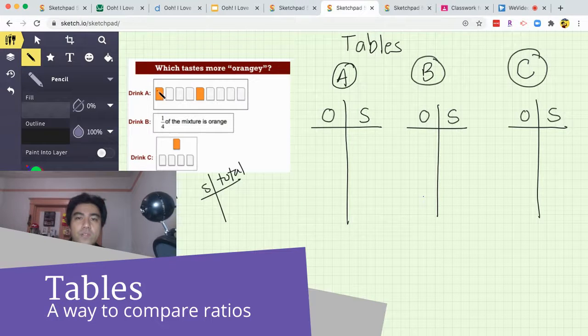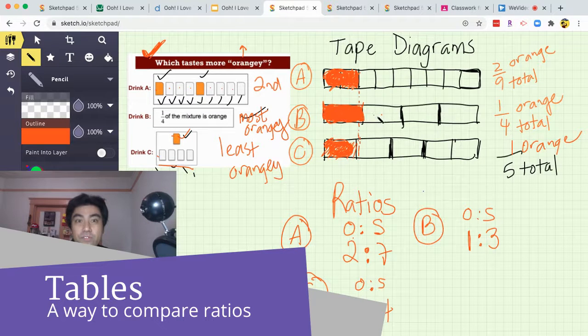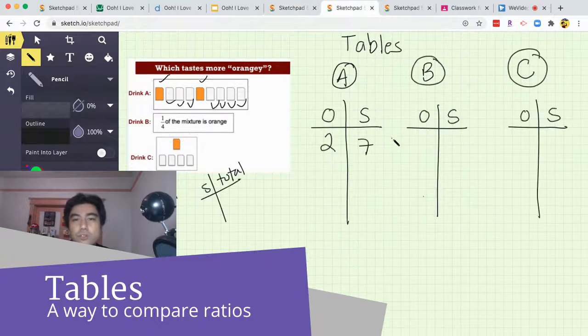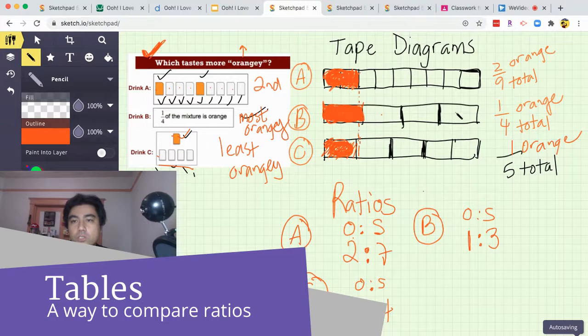Okay, so for letter A, what do we know? We know that for every 2 orange, there is 3, 4, 5, 6, 7 soda. 2 orange to 7 soda. We know that for drink B, if you go back to that last picture, it's 1 orange to 3 soda.